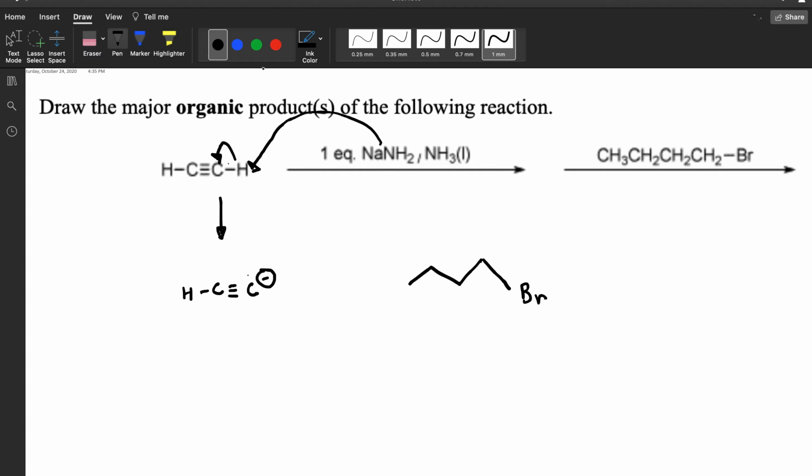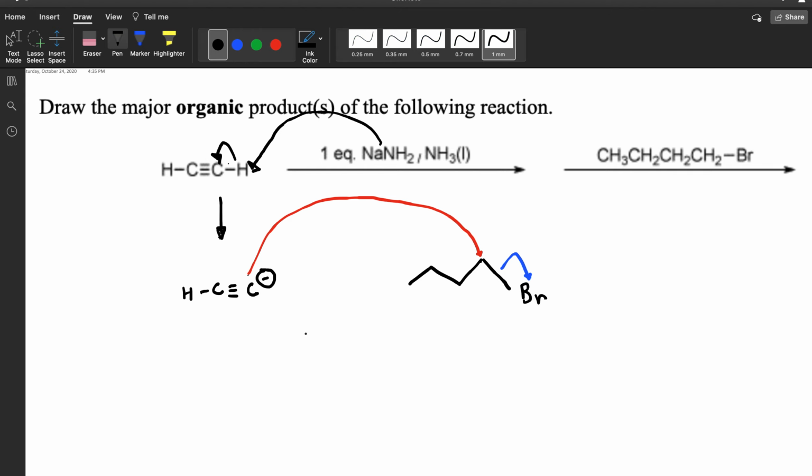It's going to attack the carbon that's attached to the bromine, and this carbon-bromine bond is going to break. The electrons go to bromine, and bromine is a really good leaving group, so it's going to want to leave.